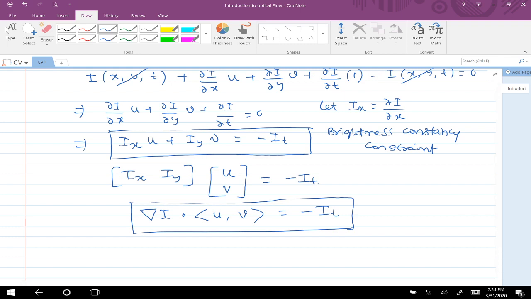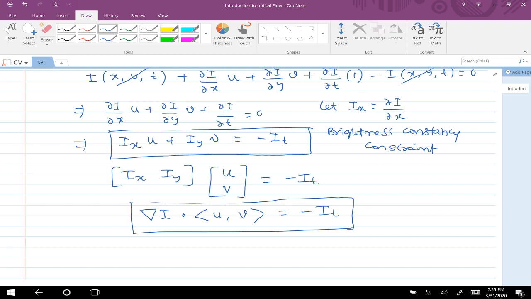Another point to note here is how many variables there are. What are the variables here? We need to find out at each pixel the displacement in the x direction and the displacement in the y direction. So u and v are the variables to be computed. And how many equations are there? Both equations are the same, except that we have written it in a slightly different form.